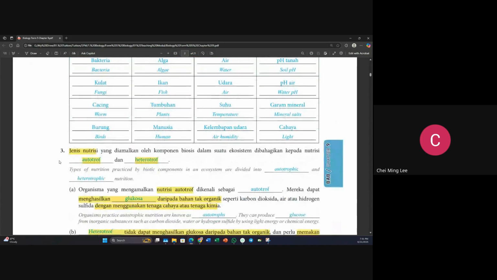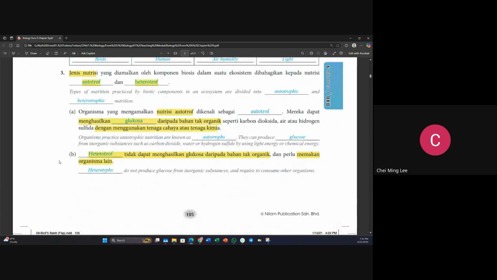Now let's see the types of nutrition. The types of nutrition practiced by organisms can be divided into autotrophic and heterotrophic.